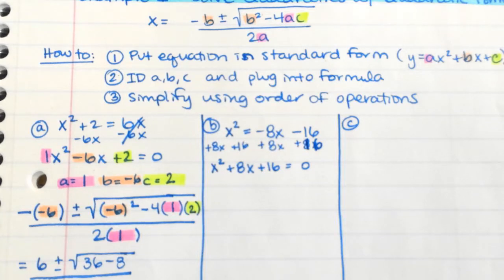Yeah. So inside the root equals 0. So it's going to just be -8 plus 0, and it's minus.